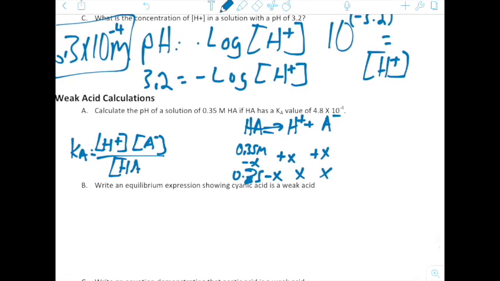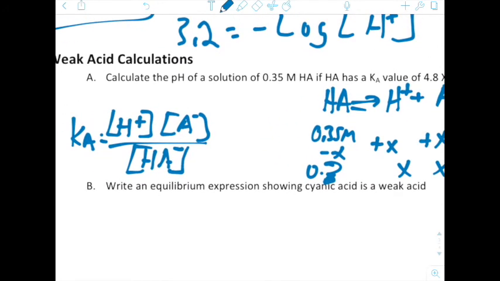Now the one thing we say, since our Ka value is 4.8 times 10 to the negative fourth, it's so small that the minus X is going to be negligible, so we really don't need it. So our Ka expression is going to look like X times X all over 0.35.